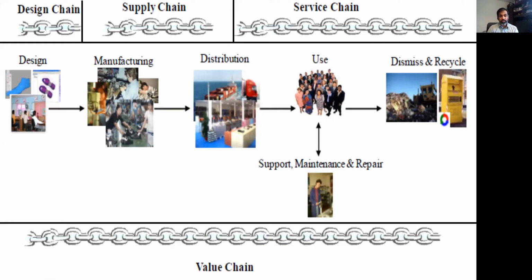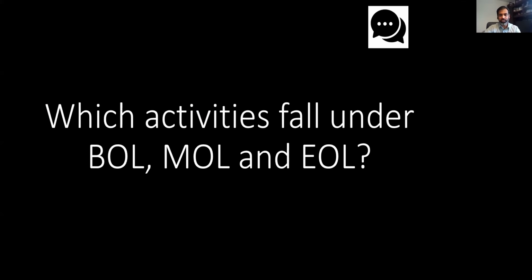Distribution, use, maintenance under mid of life. Yes, maintenance and service support would be mid of life, and dismissal is pretty obvious. It's going to be end of life. This is a pretty good one: dispense, recycle, and end of life. That's good.